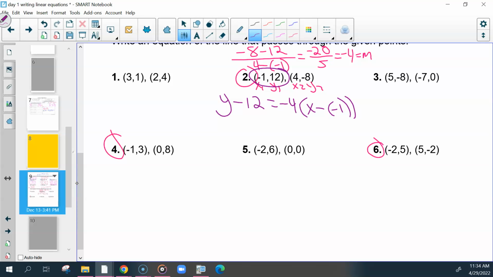Before you distribute, if you have a negative, you have to change that to a plus. If you know that you're going to have a negative and want to change it to a plus automatically, you can do that. And then distribute.